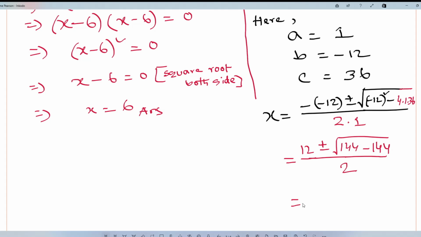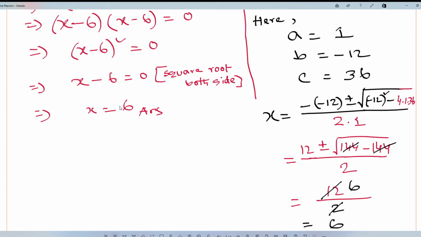Now look, here is 12, and 144 minus 144 will become 0. So the answer is only 12 divided by 2. If we cancel this, 12 divided by 2 means 6. So our answer is 6.